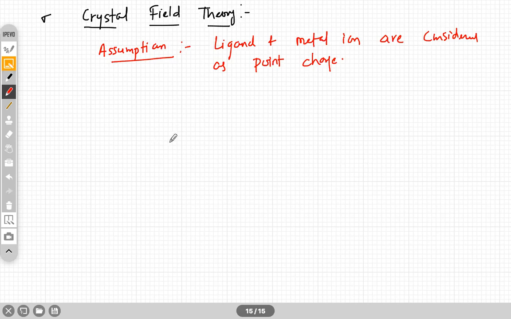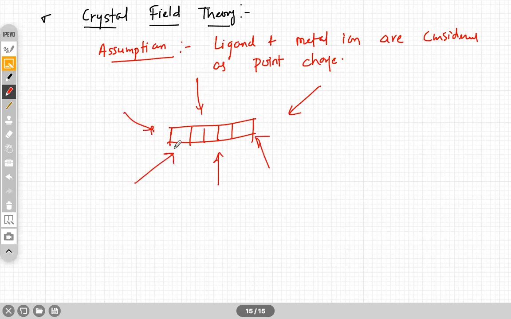But now what happens? We have metals, and d orbitals of metals are there, right? Ligands are trying to approach the metal with their lone pair of electrons, and there are electrons already present in the d orbitals of the metal.